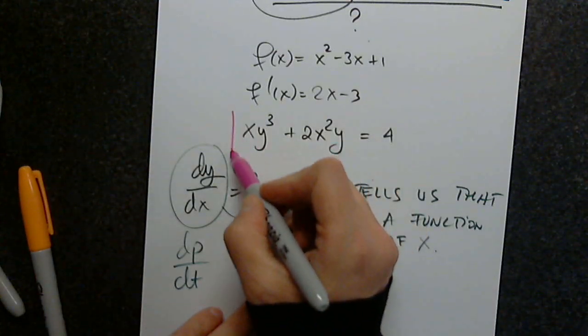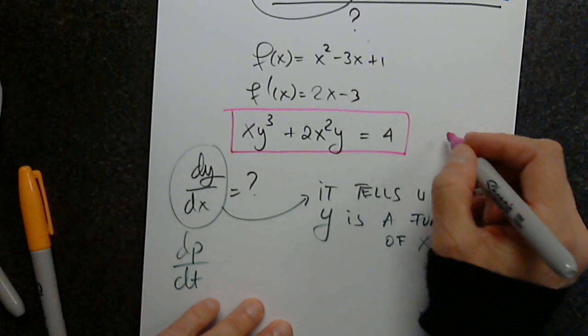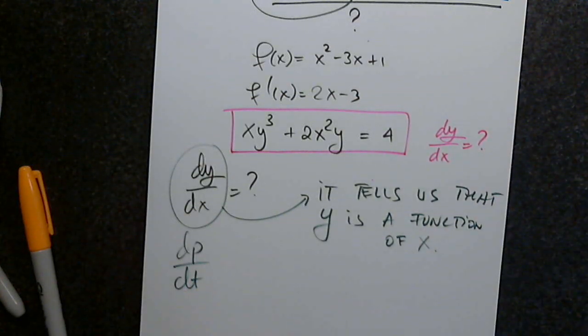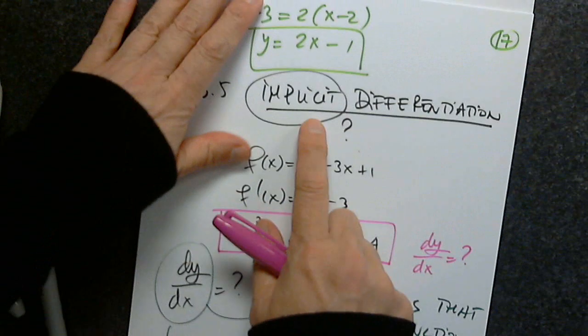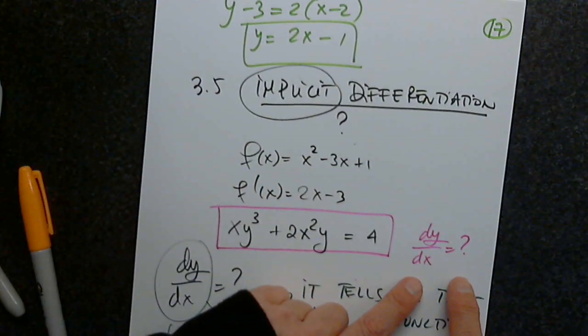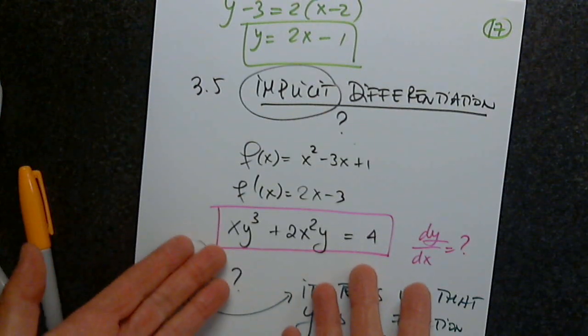Now here, I'm asking you to find the expression for dy over dx. If you're going to attempt to solve this equation for y, you're not going to be able to. So that's where implicit differentiation comes into play. I can still find an expression for dy over dx, although there is no way I can solve this for y.